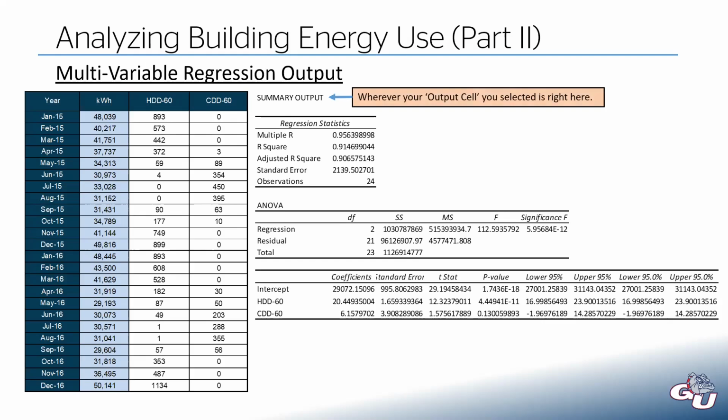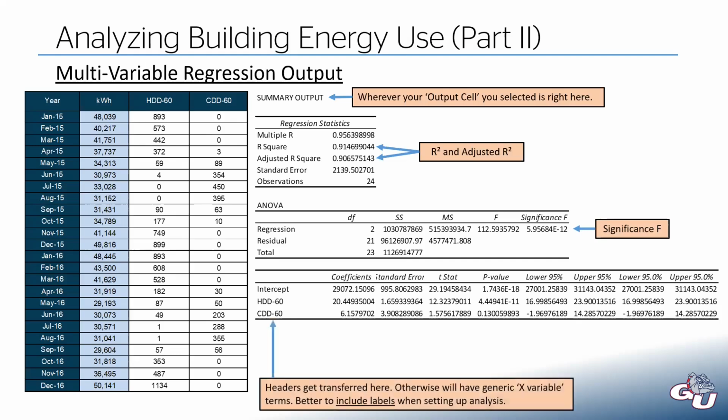The cell at the top: when you're doing the analysis, you need to tell it where to output the data. Wherever you click to output, that is that cell right there. That's where it will start. You need to be concerned about the R-square and the adjusted R-squared values, and the significance F, and I'll go over what all this means in a moment.